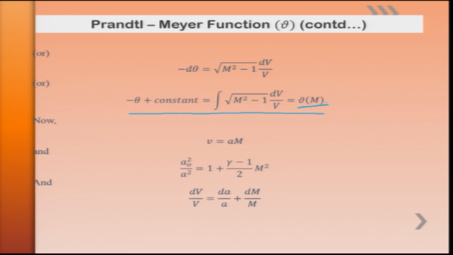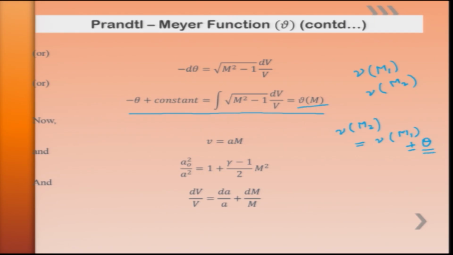Eventually, for two particular values of Mach number, Mach 1 with Prandtl-Meyer function nu 1, and Mach 2 with Prandtl-Meyer function nu 2, using this relationship we can calculate the respective Prandtl-Meyer functions by adding or subtracting the value of theta, that is nothing but your deflection angle.